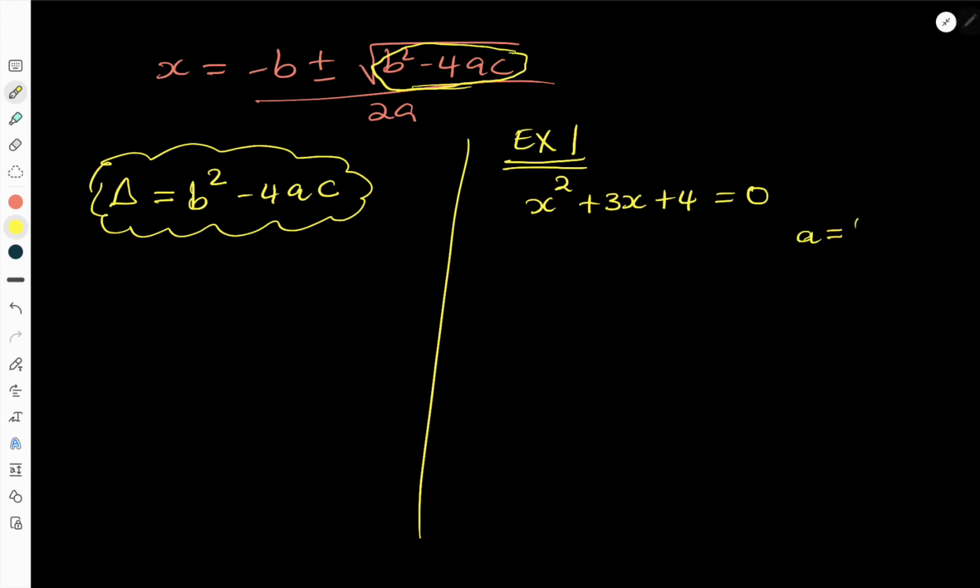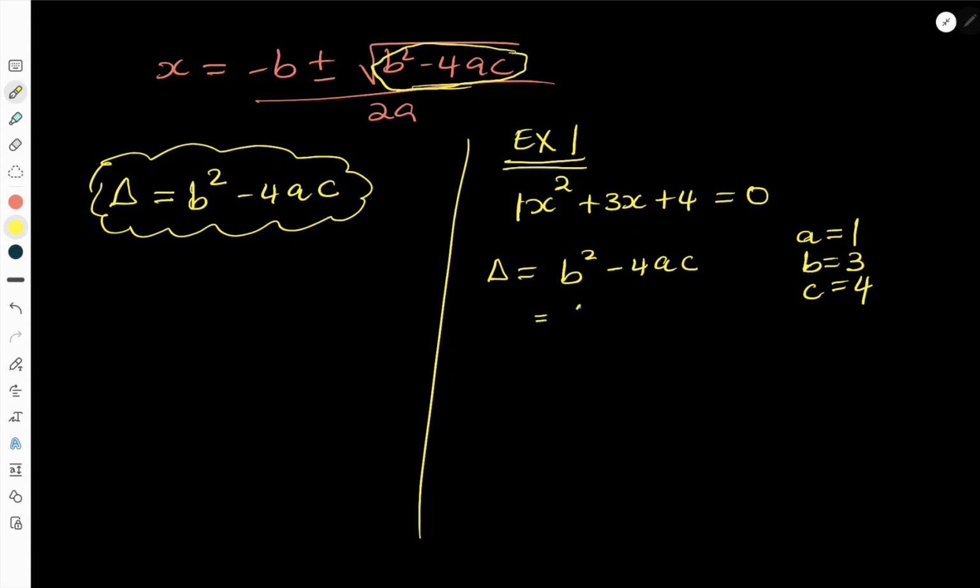Example, a is equal to 1 in this case. There's a 1 there. And then b is equal to 3, and c is equal to 4. Then you use the formula for nature of roots. You use delta. Delta is equal to b squared minus 4ac.